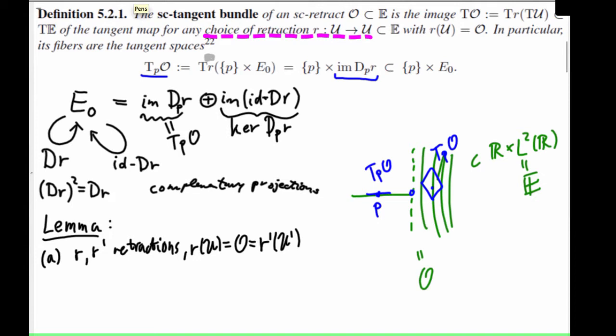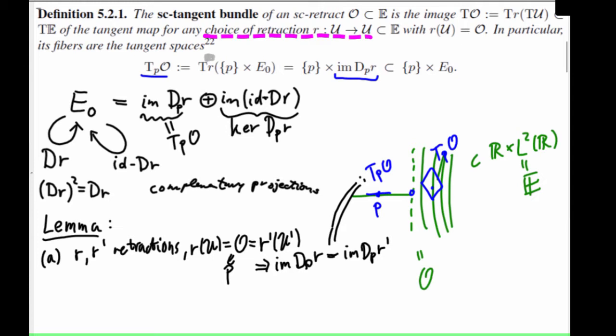I would like to say that the definition of this tangent space is the same, and indeed the claim is that the images of the differentials are in fact simply the same for any point in the retract. And so that means I can actually define the tangent space as this. So the choice of retract might not be that important.